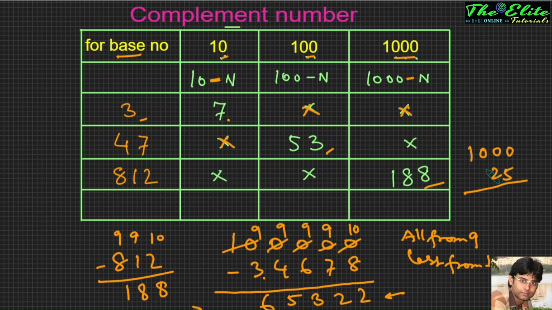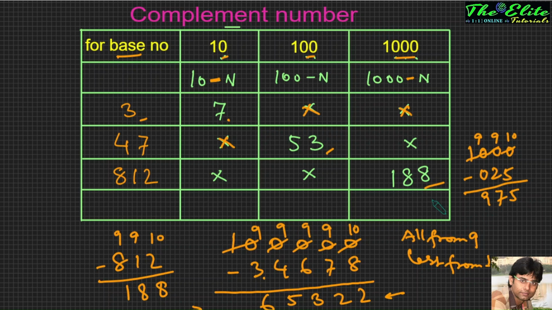So just below the zeros, you can put 0 to make it the same as 3 digits, equal to the number of zeros there. And now you just cancel it. Put 9, put 10. Now 9 minus 0 makes it 9. 9 minus 2, 7. 10 minus 5, 5. So this could be a scenario there for you.